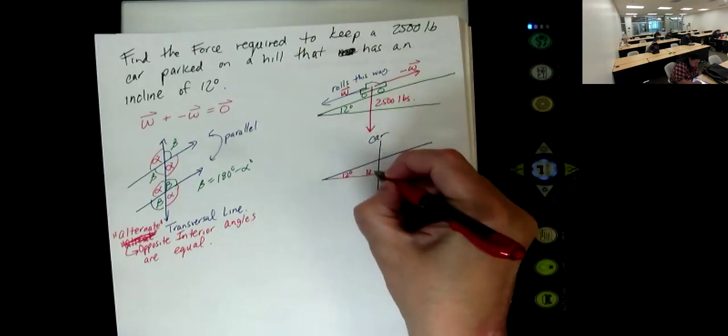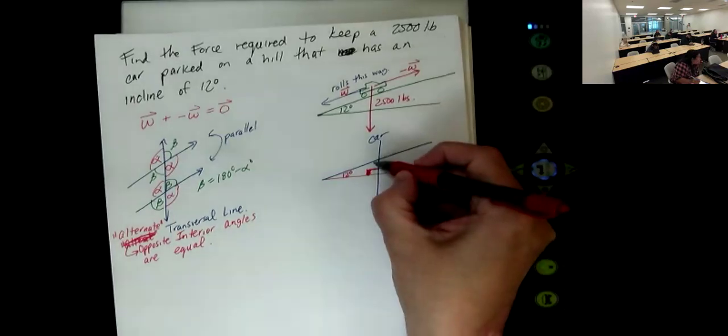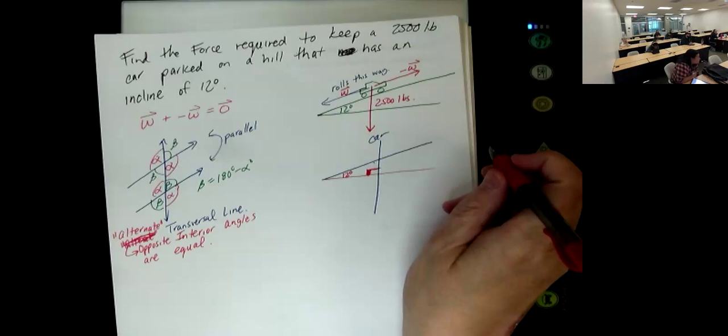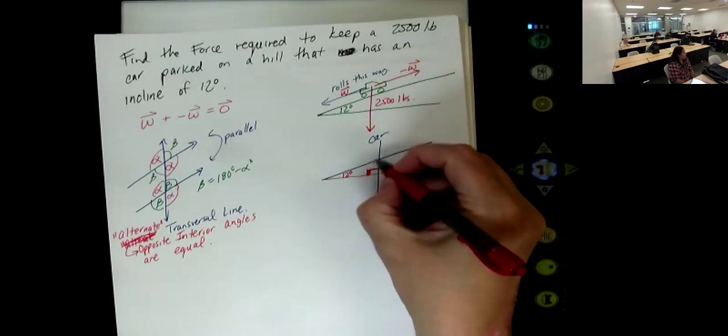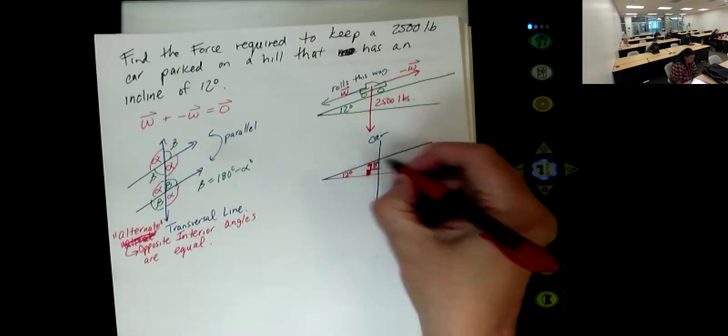This is 12 degrees, this is a right angle, because I made it into a right triangle, right? What does that make this angle here? 90 minus 12. 78, yeah.